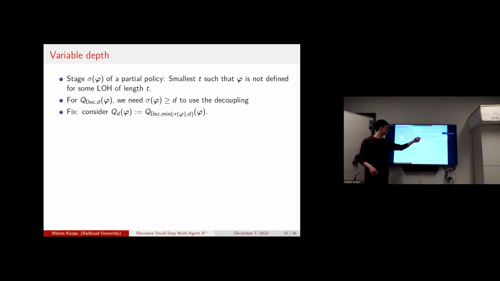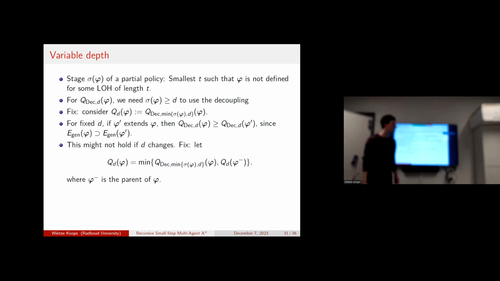If the stage is 0, I don't want to compute the heuristic because it's too close to the root, and I'm basically solving the same problem. So if the stage is 0, I just set the heuristic to infinity. I'm going to expand all of the nodes, maximizing over all the joint actions. Once I've expanded all the joint actions, then I can start using it.